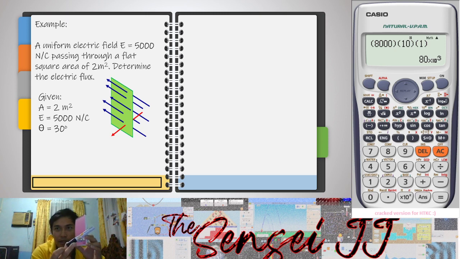Okay, so as you can see guys, this is perpendicular. And now we have here our electrical field lines na nagpass in this manner.